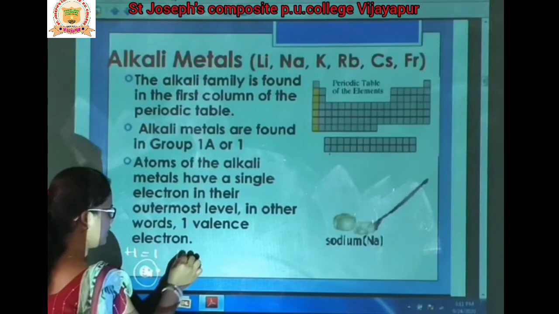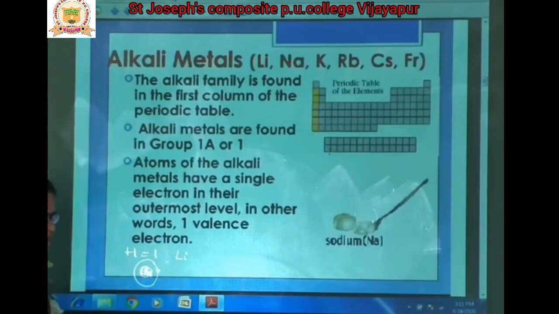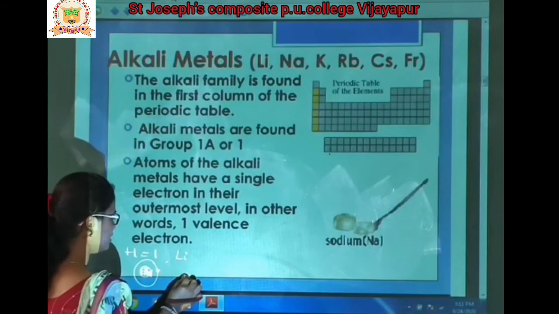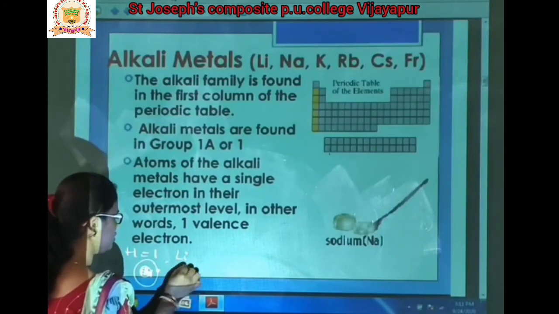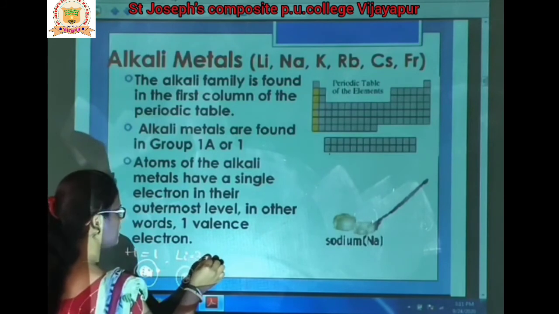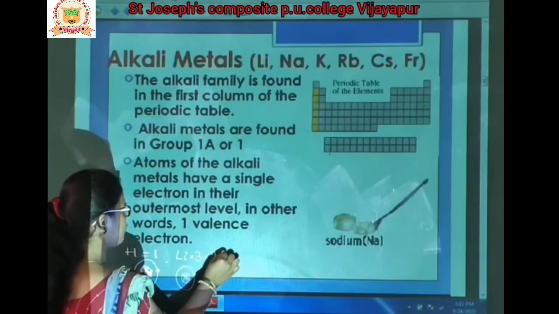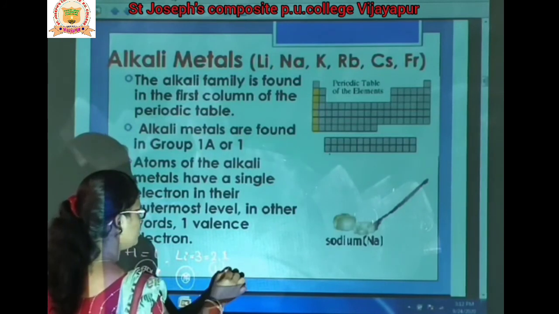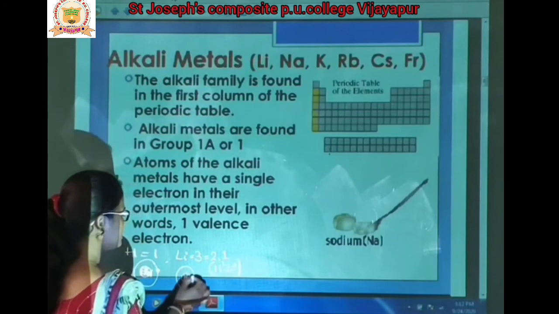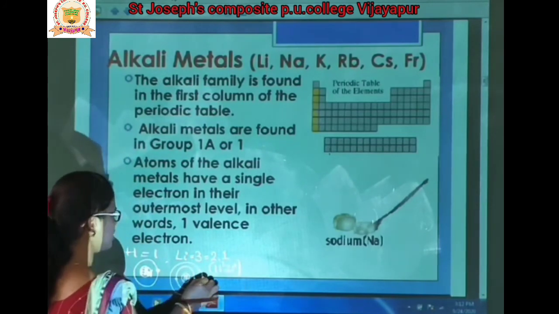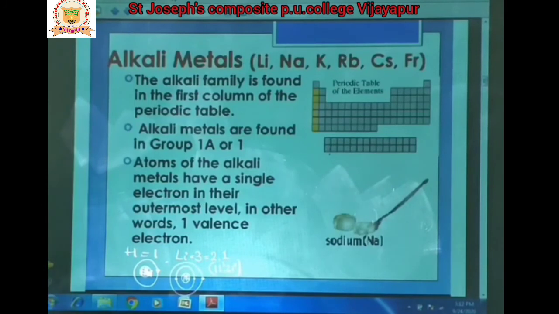Then come to lithium. Lithium is also an alkali metal. Here, proton and neutron. Because the atomic number is 3, we write 2 and 1, or we write the electronic configuration as 1s2, 2s1. First shell, second shell, 2 shells. The first shell occupies 2 electrons, the second shell 1 electron.